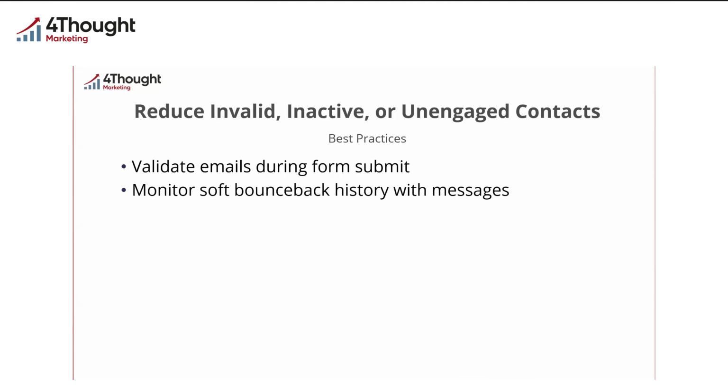So monitor your soft bounce back history. This is actually a report that I don't think everyone is familiar with because it can give you some very valuable information about some of the people who are not receiving your messages due to a soft bounce back. These could be technical issues, of course, but many times they are messages that have to do with spam tracking and spam blocking technologies.